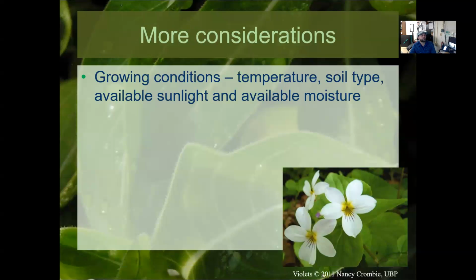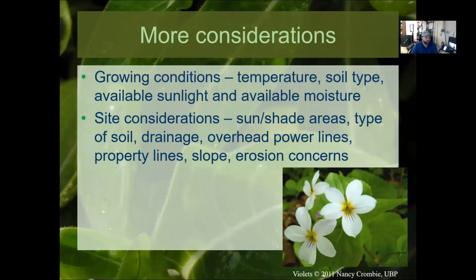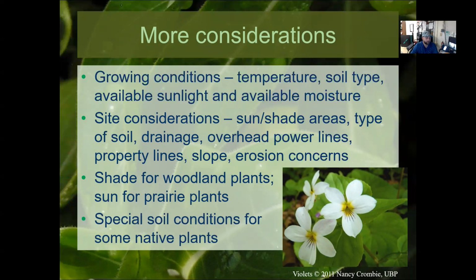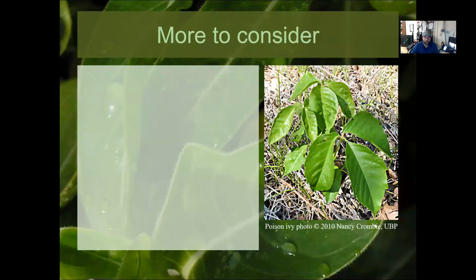So more considerations: growing conditions, temperature, soil type, available sunlight and available moisture. Considerations: sun and shade areas, type of soil, drainage, overhead power lines, property lines, slope, erosion concerns, and shade for woodland plants, sun for prairie plants. Special soil conditions for some native plants.